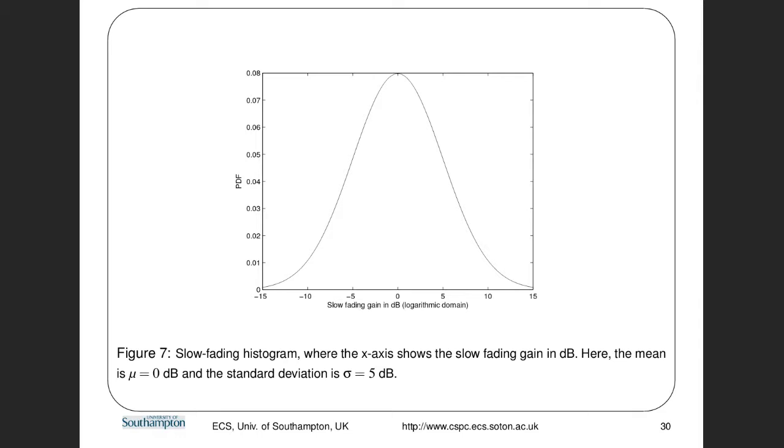So 0 dB in normal number would be 1. So 10 times log 10 of 1 equals 0 dB. So 0 dB corresponds to number 1 in the normal domain.